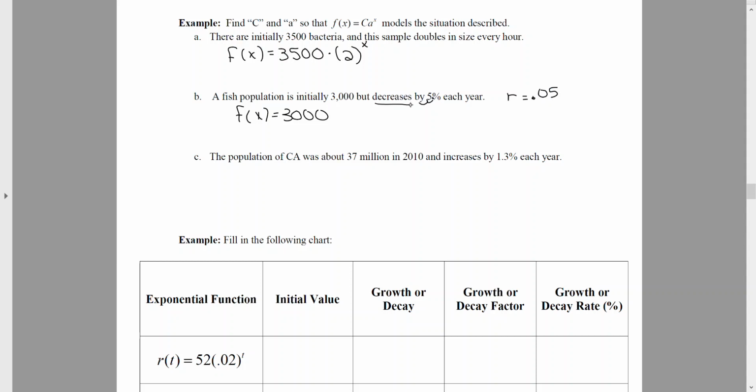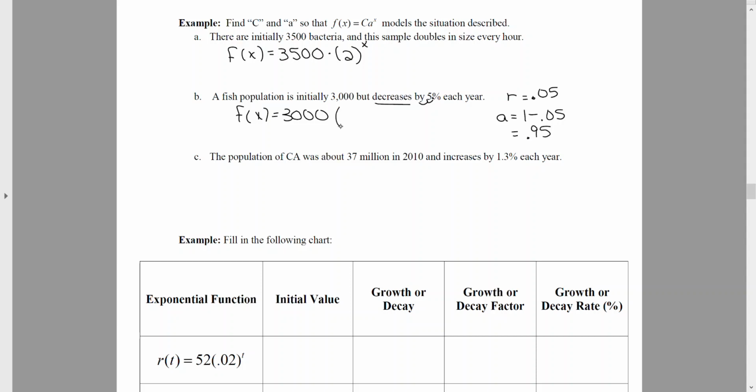And it's decreasing. We're looking for the A value. So this is now a decay function, and we go back to our notes, and to find A, it's 1 minus the rate, 0.05. So in this case, our A value is 0.95.